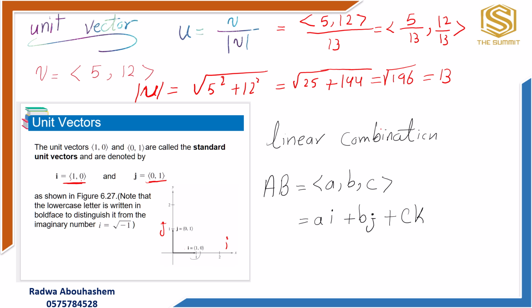If we have a three-dimensional shape, it would be k. This is for i. This is for j, which means that you are in the y-axis. If you are in the z-axis, it would be k.